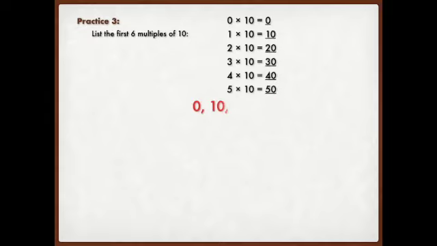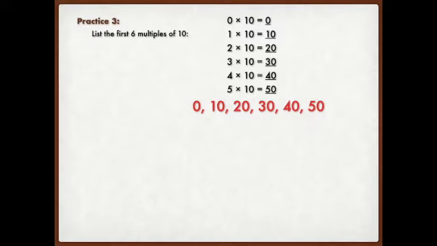Now it doesn't say non-zero, so let's first start with 0. 0 times 10, 1 times 10, 2 times 10, 3 times 10, 4 times 10, 5 times 10. Okay, those are our multiples of 10, our first 6 multiples.